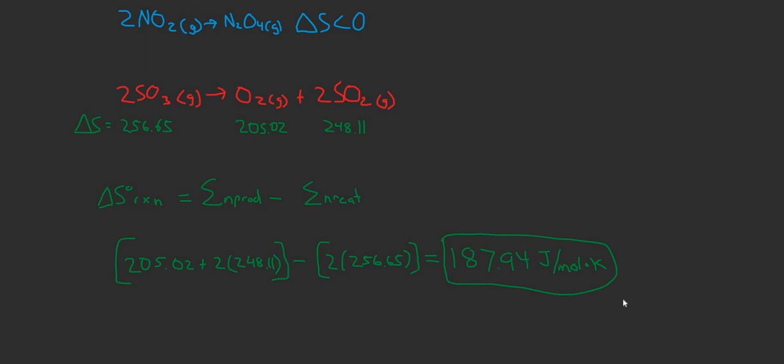And just before we go, I would like to add one little tidbit which I think is a really, really cool concept. So when you have a spontaneous reaction, you increase the entropy of the universe. So all spontaneous reactions generate an increase of the entropy of the universe, which I personally think is really, really cool.